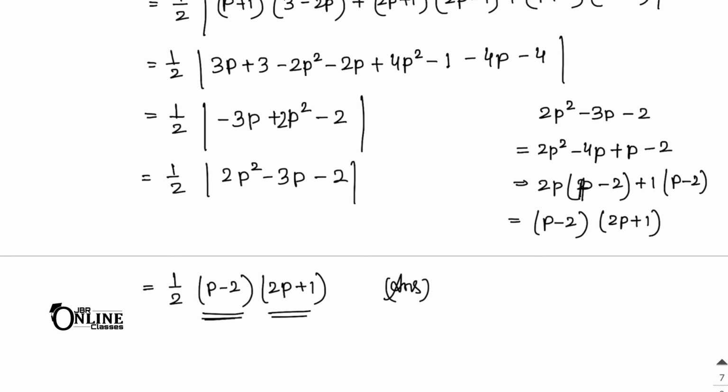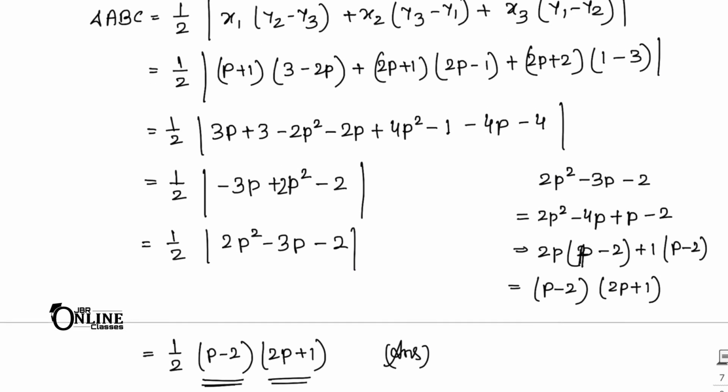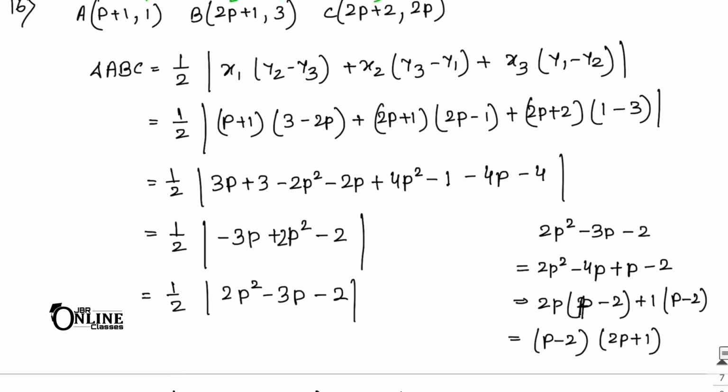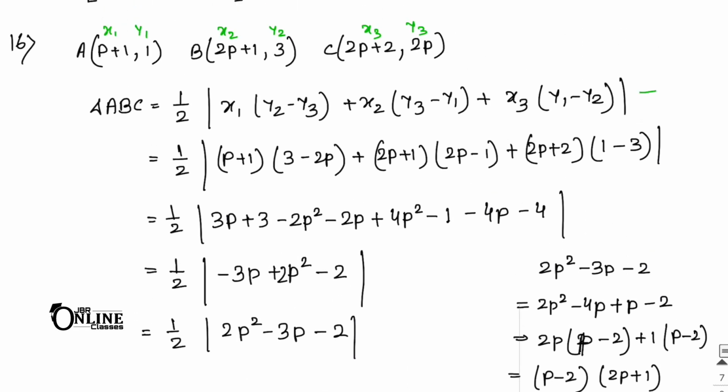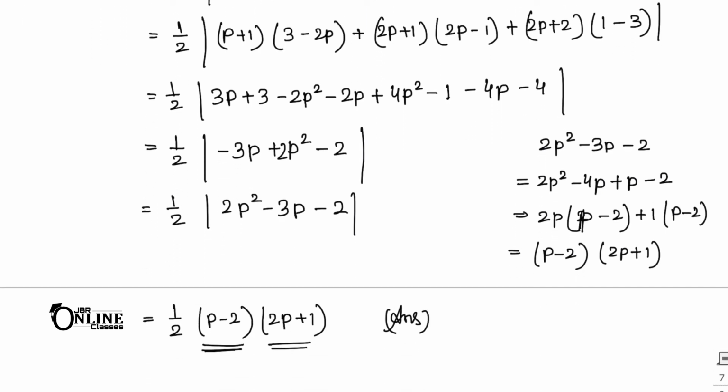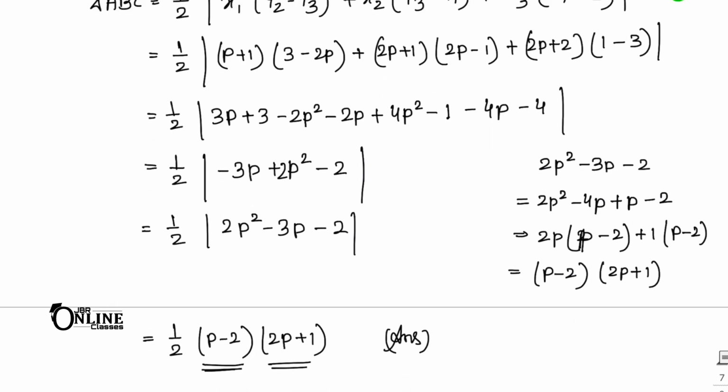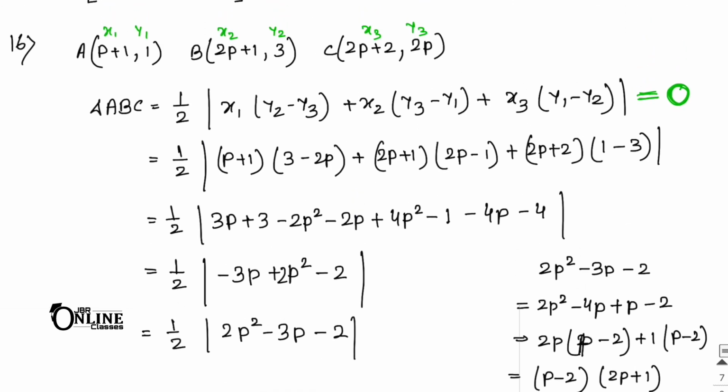And in collinear, if 3 points are collinear, then definitely the result of this one will be 0. So in that case, if p equal to 2, then it will be also 0. If p equal to minus half, then it will be also 0. So you can say that here for p equal to 2 and minus half, these 3 points are collinear.